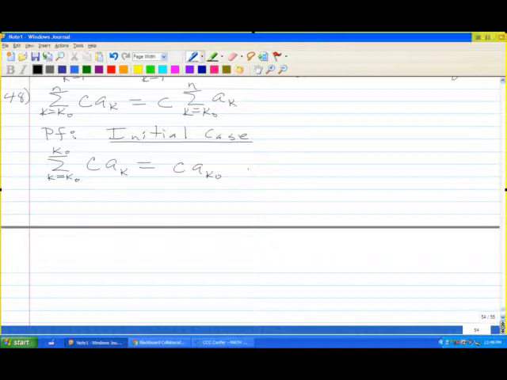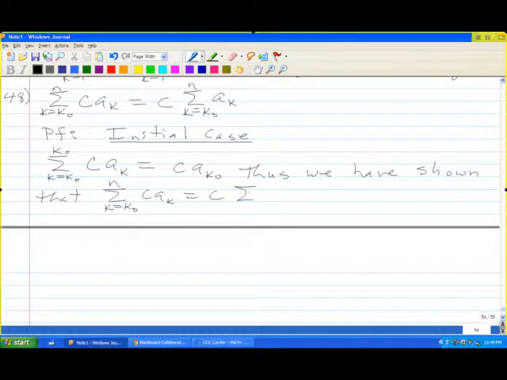So thus, we have shown that the sum k equaling k sub 0 to n of c a sub k is equal to c, the sum... Well, maybe I should have written one little step in here. c a sub k0, which is equal to c times the sum k equaling k sub 0 of a sub k.